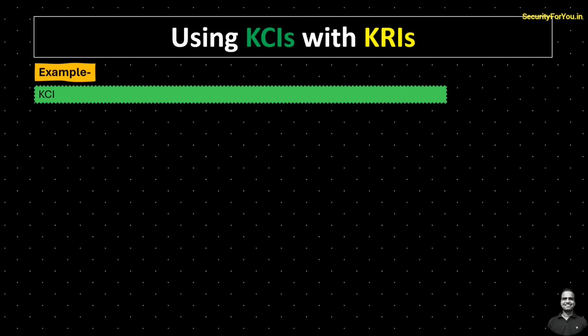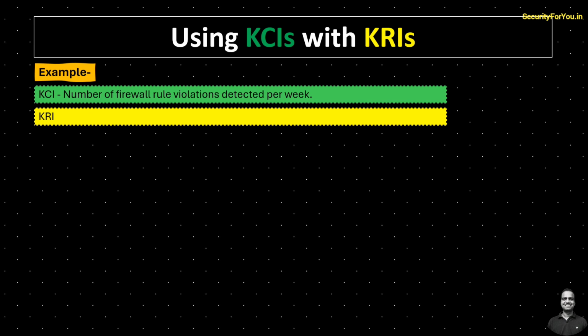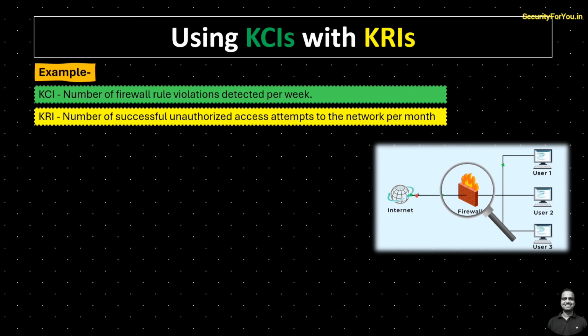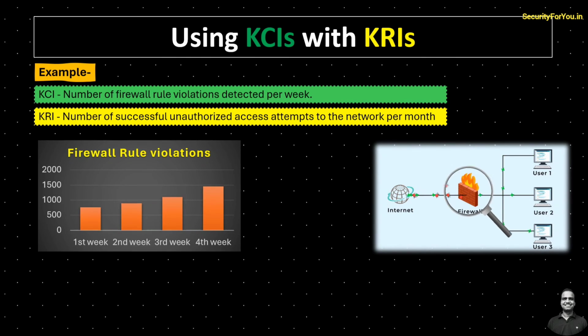So we have a key control indicator, number of firewall rule violations detected per week, and a key risk indicator, that is number of successful unauthorized access attempts to the network per month. An organization monitors its firewall logs regularly to track the number of firewall rule violations, which was our KCI.